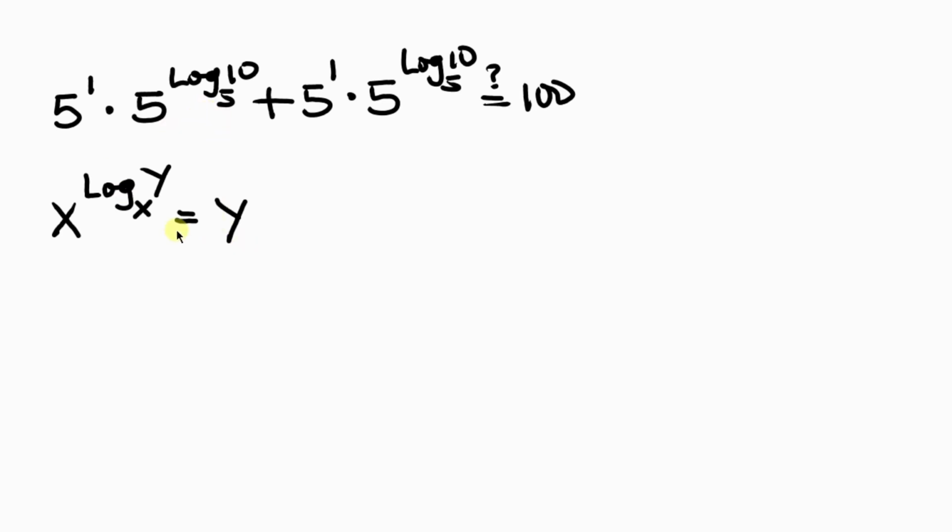So we're going to apply this to what we have here and what we have here. So 5 to the power 1 is 5 times, now the base here and the base here are the same, so the result will be 10 plus 5 to the power 1 is 5 times, the base here and the base here are the same, so the result is 10.